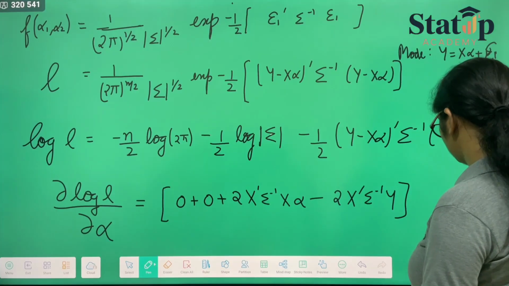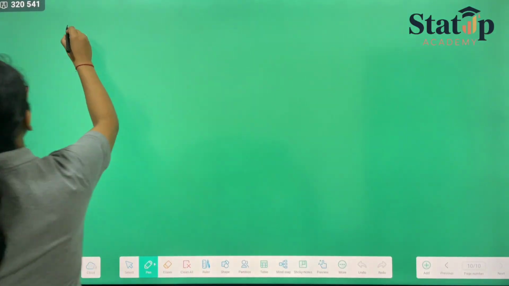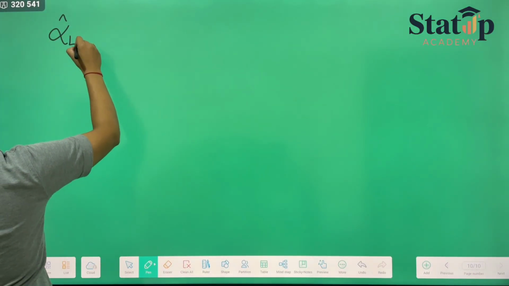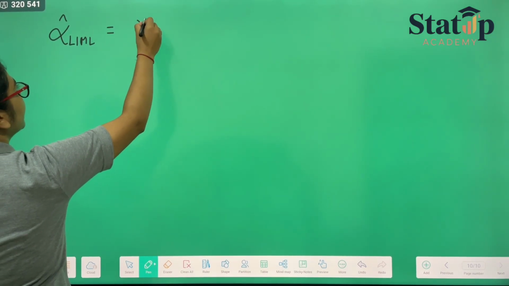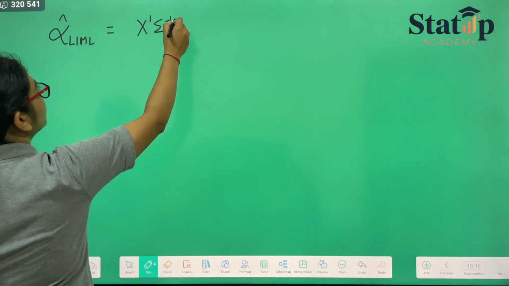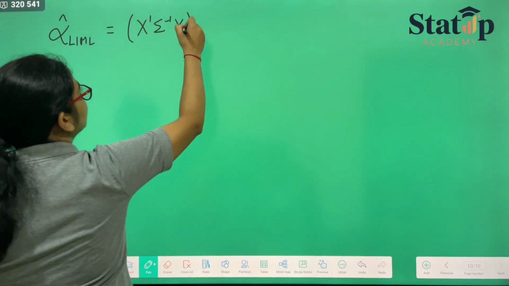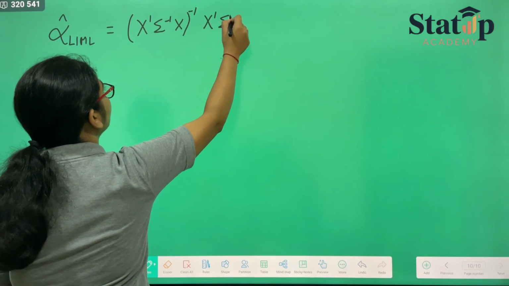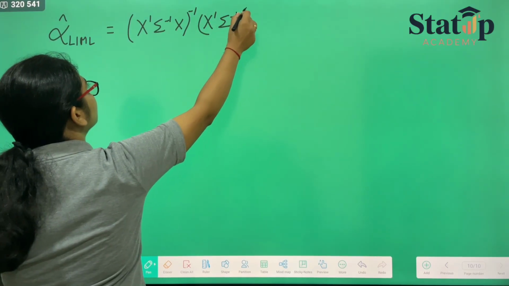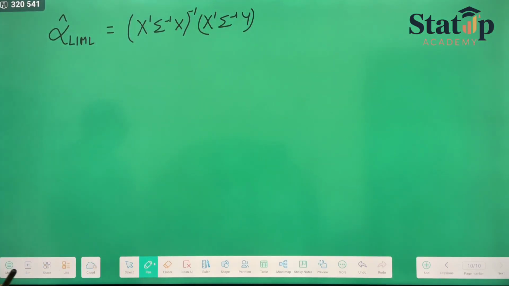So our alpha cap LIML will be x dash sigma inverse x, whole inverse, x dash sigma inverse y. This will be our alpha cap LIML.